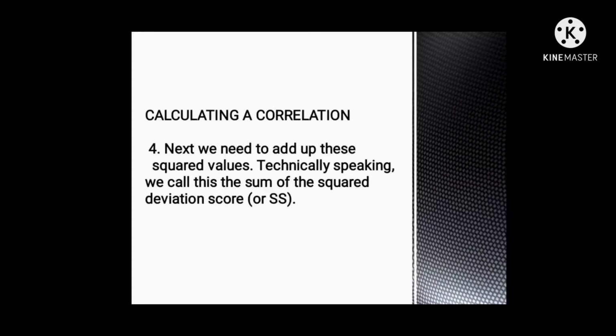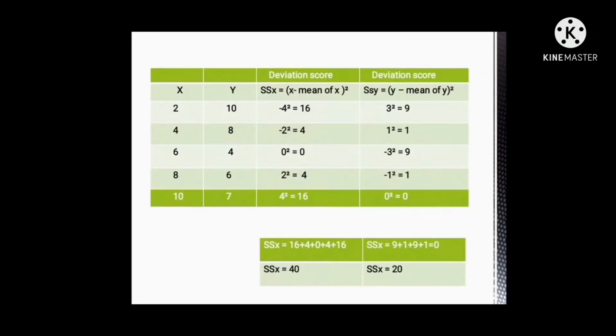Calculating a correlation. Next, we need to add up the squared values. Technically speaking, we call this the sum of squared deviation scores, or SS. This is the example.